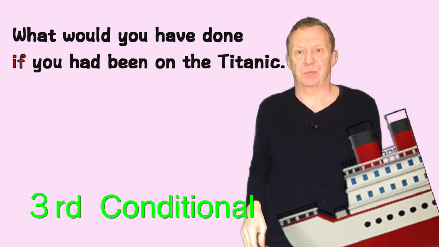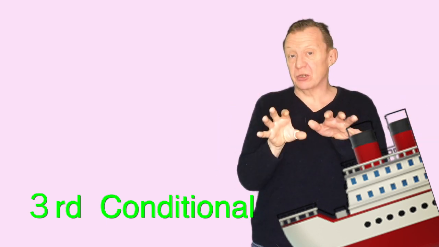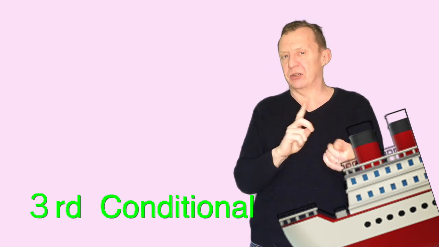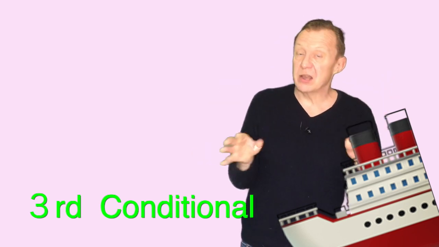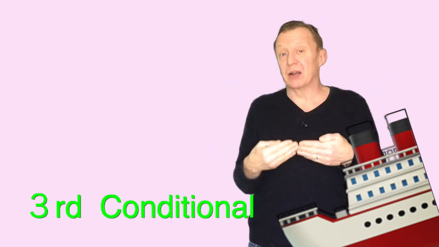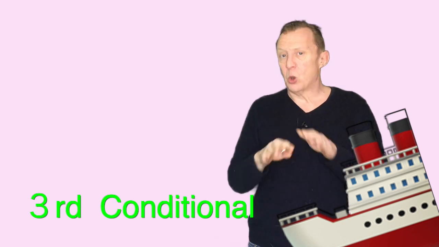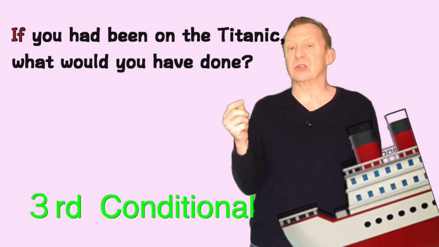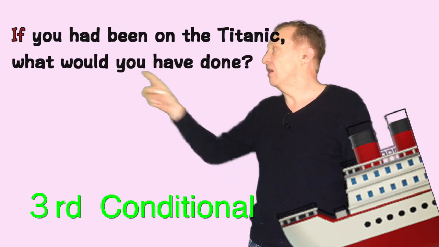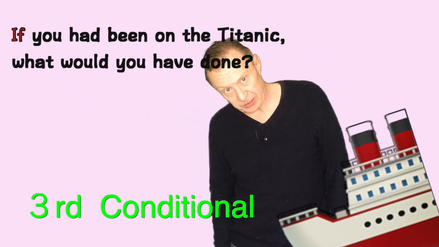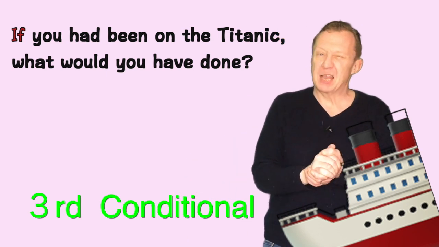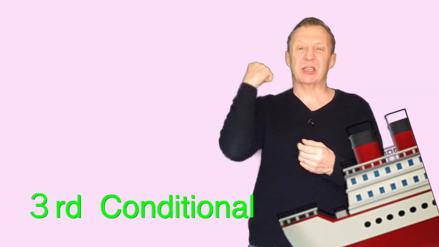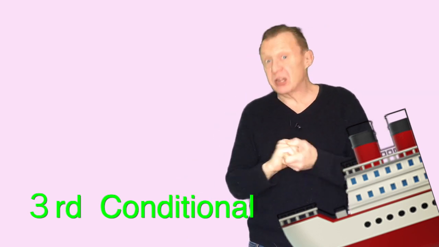Same thing. But the position of the if changes. Now, if comes in the middle of a sentence, we don't use a comma. We only use a comma if it comes first.